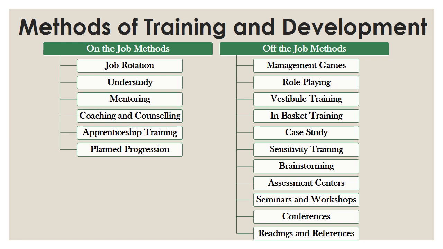Okay. Next one is apprenticeship training. What is apprenticeship training? Apprenticeship training would be for a trade job. Trade means like a plumber, a carpenter. So what happens is, if I am under an apprenticeship, I will master the skills.